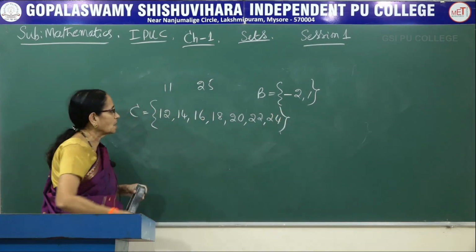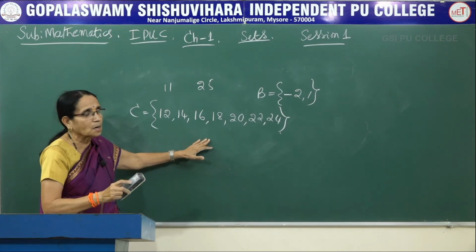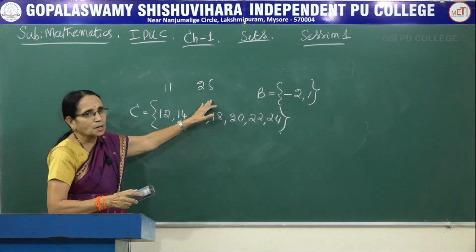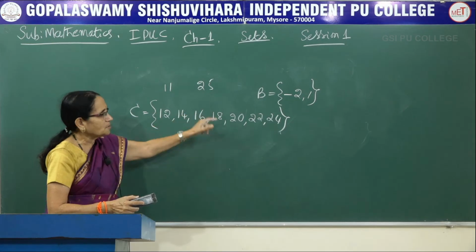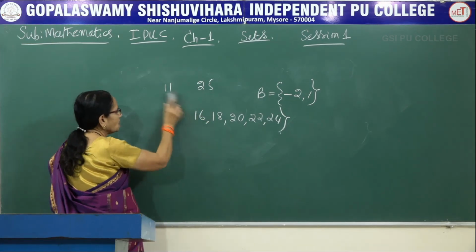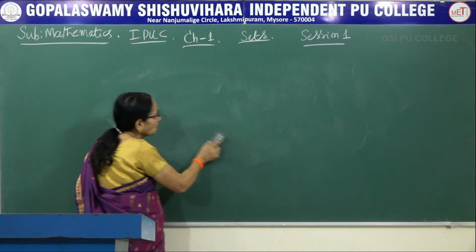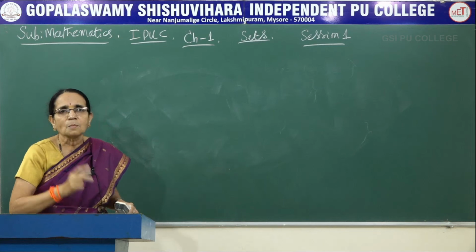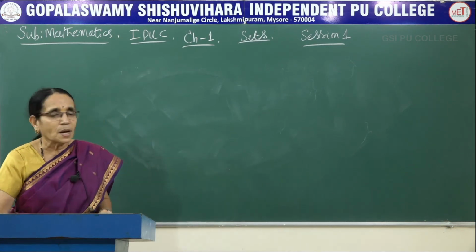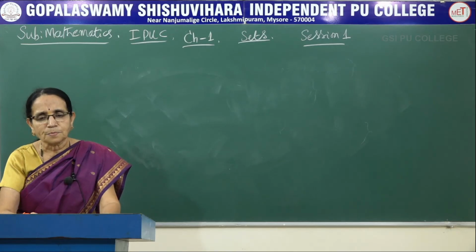So these are the even numbers that occur between 11 and 25, greater than 11, less than 25. So this is how you have to represent a set. Whatever may be the elements, there may be any number of elements, we will be writing them inside a pair of flower brackets. Each one should be separated by a comma.